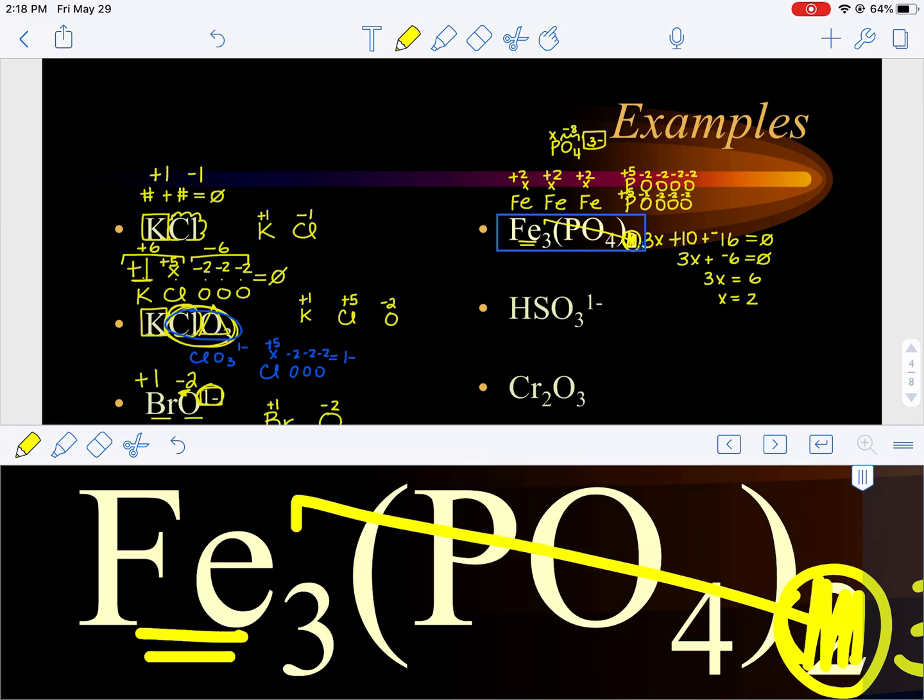Remember we uncrisscrossed? This number 2 is really telling you the charge of your iron. So some of you probably recognized what the oxidation number of the iron was from the beginning. I just wanted to continue to go through the steps or the rules so that you can see that you can still solve it systematically in that fashion as well.